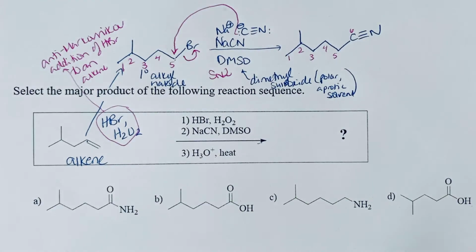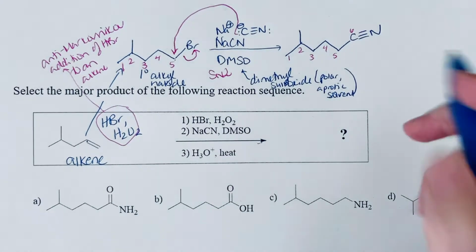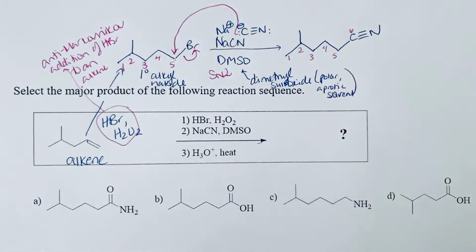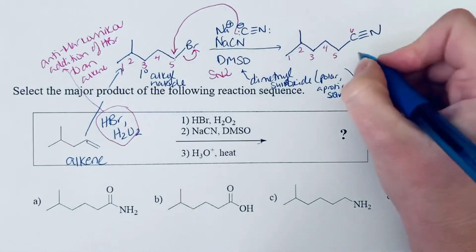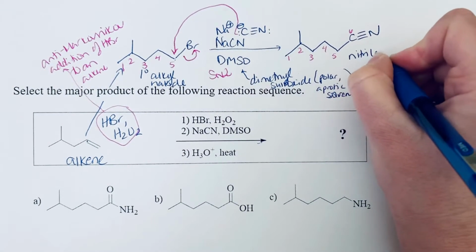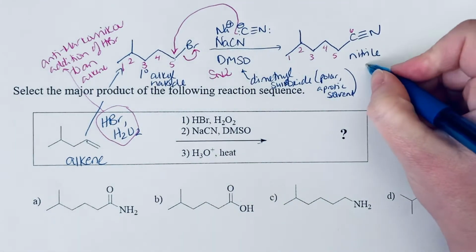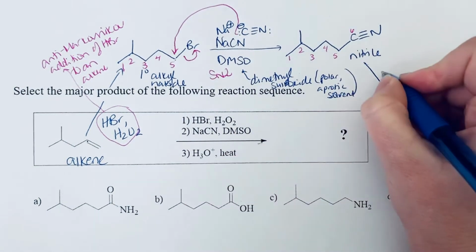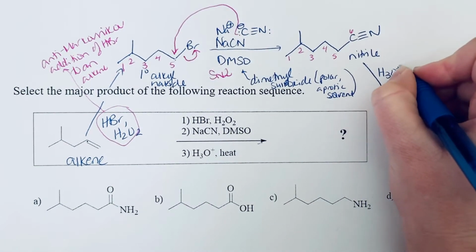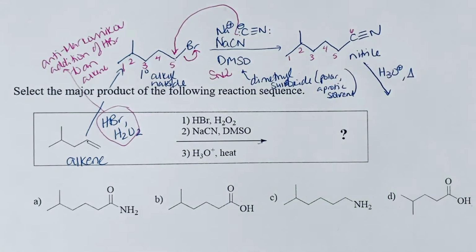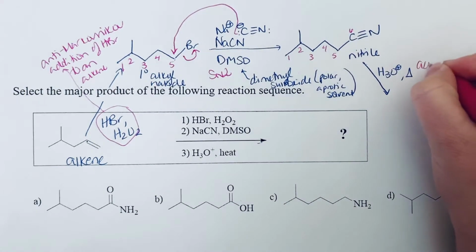And then in the third step, we are treating this, so we formed a nitrile. We should actually label that functional group. So we have a nitrile. So nitriles, remember, are part of a class of compounds known as carboxylic acid derivatives. And so what we have in this last step, we've got H3O plus and heat. These are acidic hydrolysis conditions.